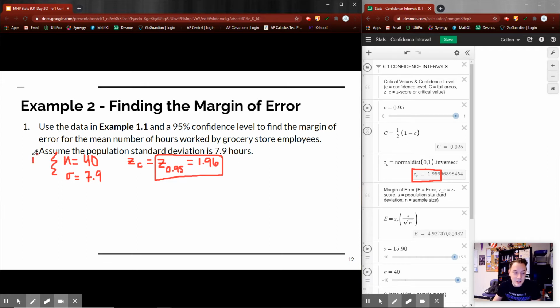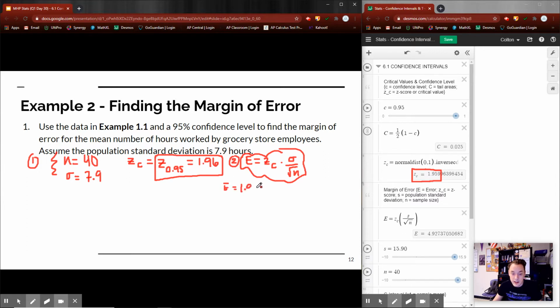So this is technically my first step. My second step is to actually find my margin of error. My margin of error is equal to my critical value of whatever my C level is times the population standard deviation all over the square root of n. So I already found my critical value, which is 1.96.